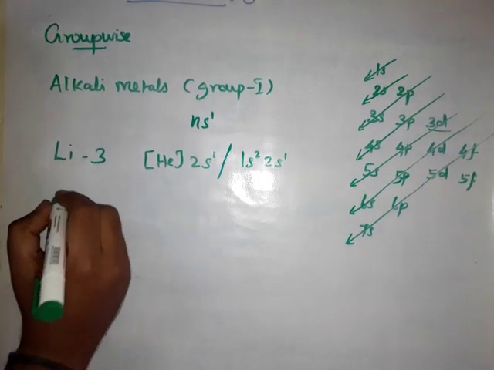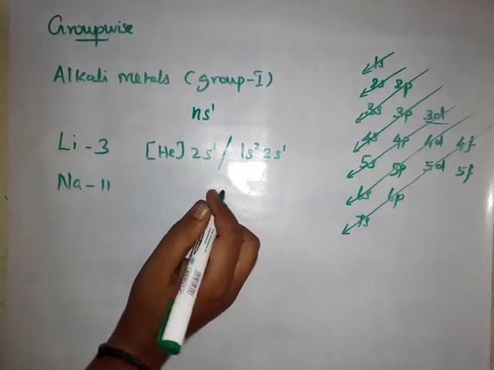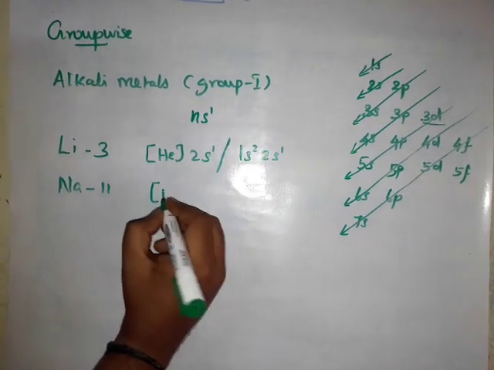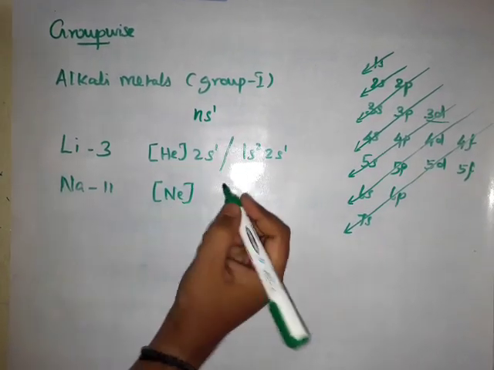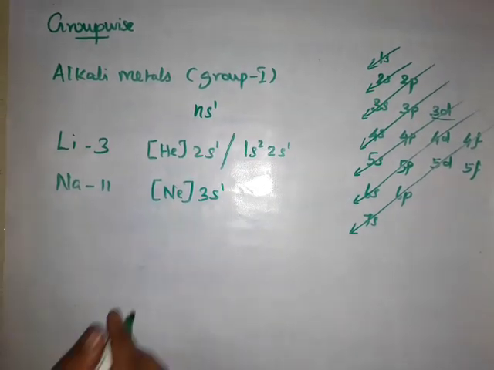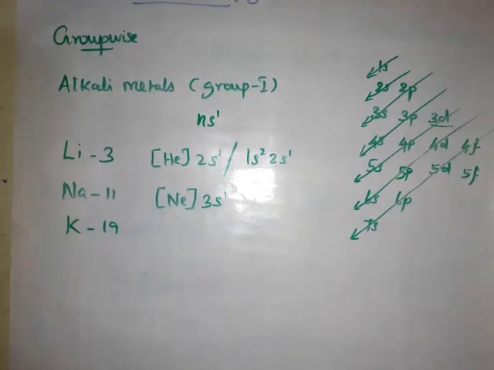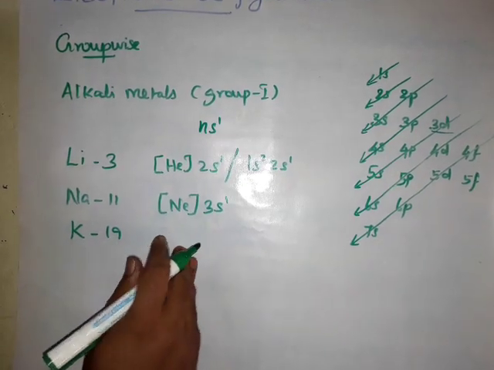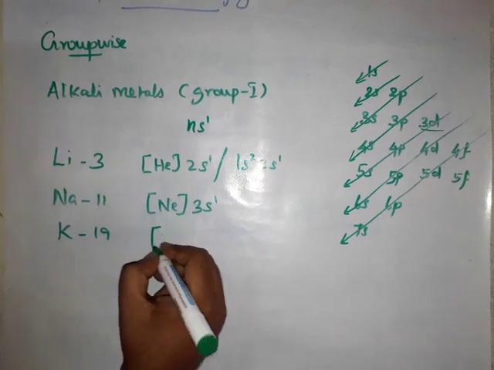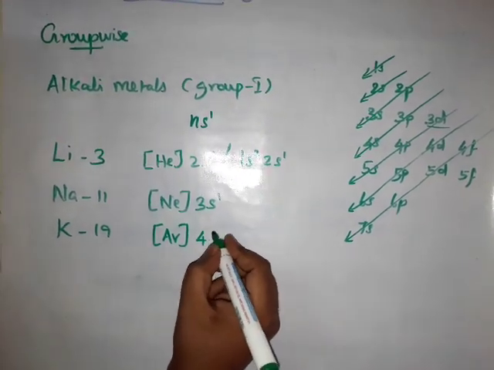Then sodium, atomic number 11, has the electronic configuration neon 3s1. Potassium, atomic number 19, has the electronic configuration argon 4s1.